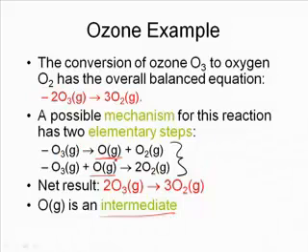We produce it in the first step, and then it gets consumed as a reactant in the second step. And then we add the oxygen molecules together, and we get 3 oxygen molecules. So this mechanism does add up to give us the initial equation that we were talking about.